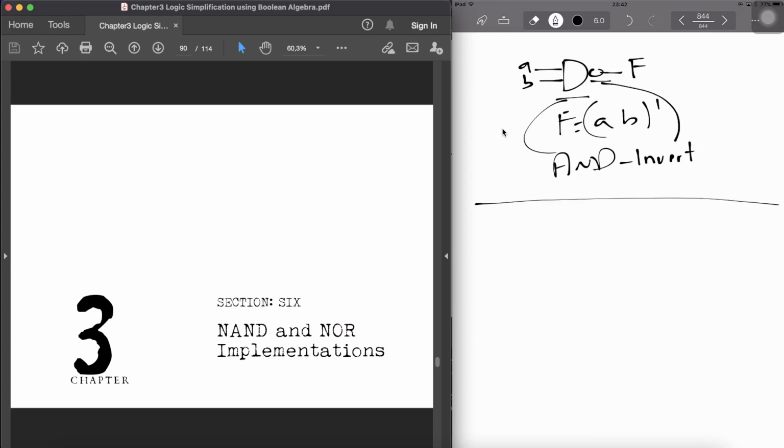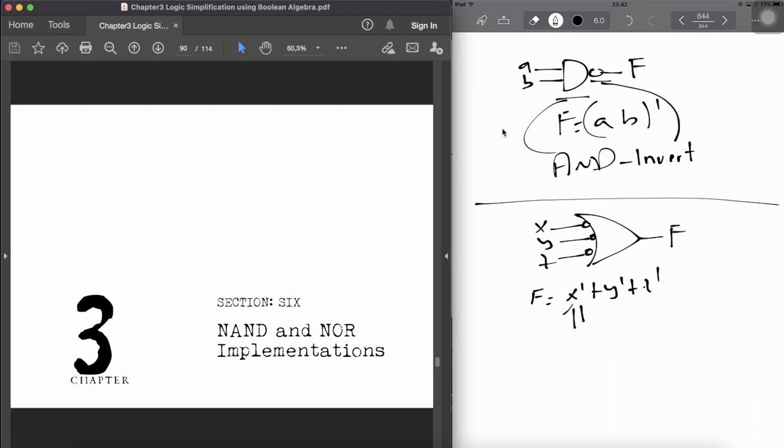The other one is an OR, but it's inverted OR. So let's say X, Y, Z, and this is going to be F, and F equals X' plus Y' plus Z'. And why is that happening? What is this alternative?